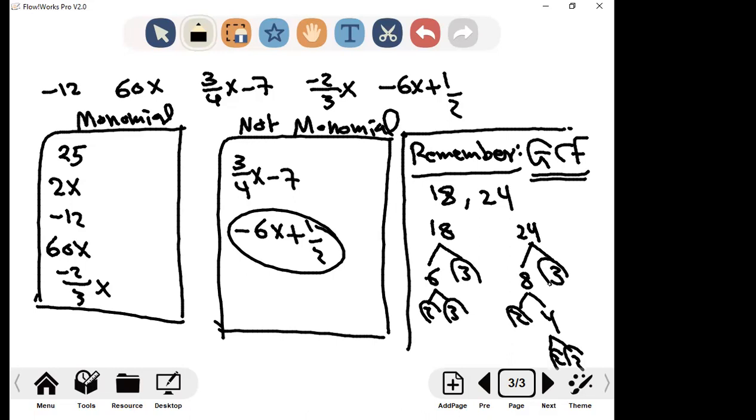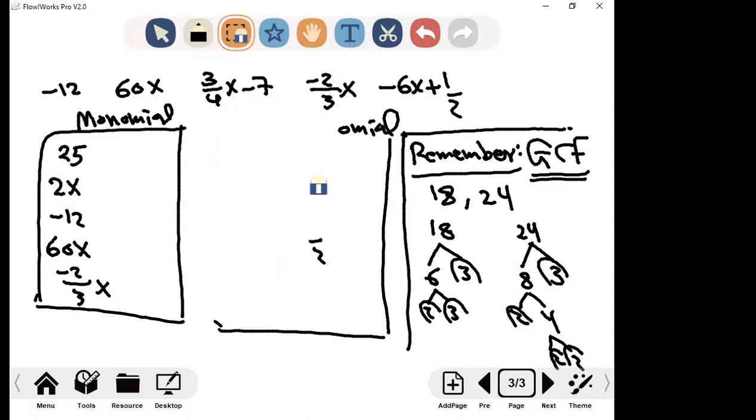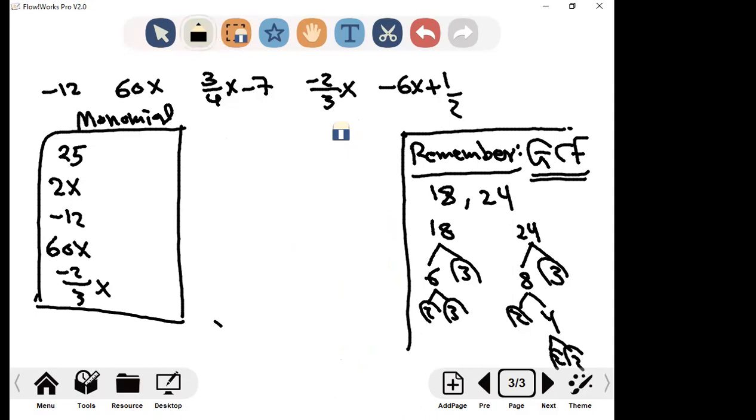The next step, we write them. Do we need this table? No. The next step, we said the 18 equals the product of the circled numbers, right? 2 times 3 times 3.